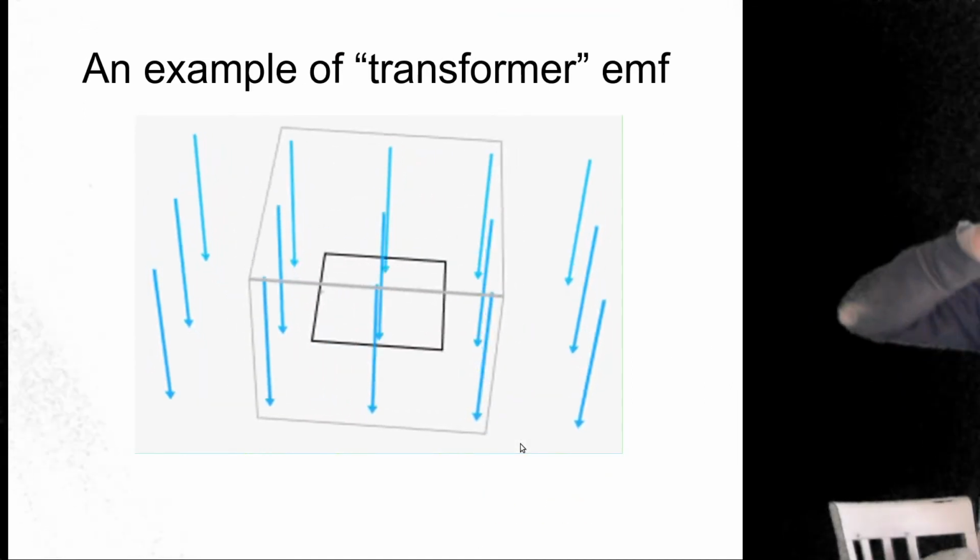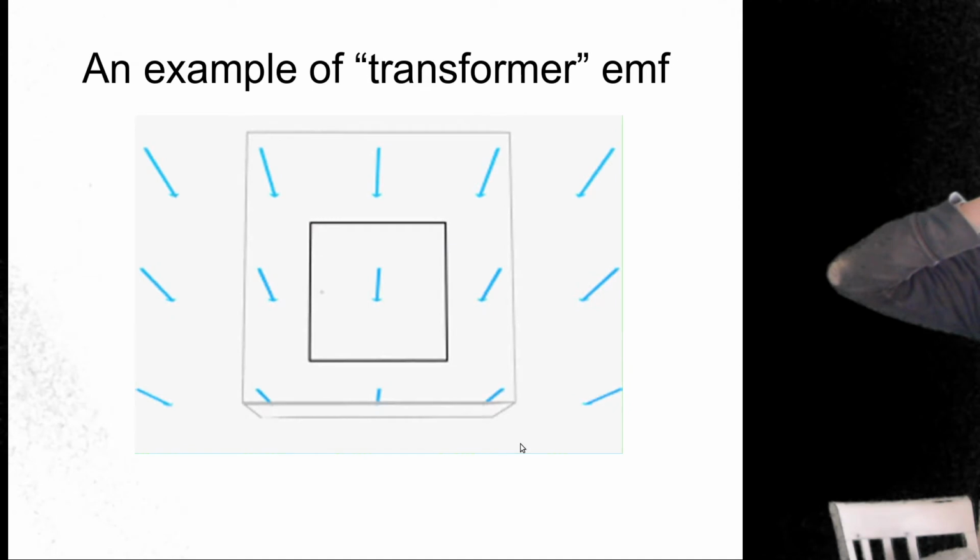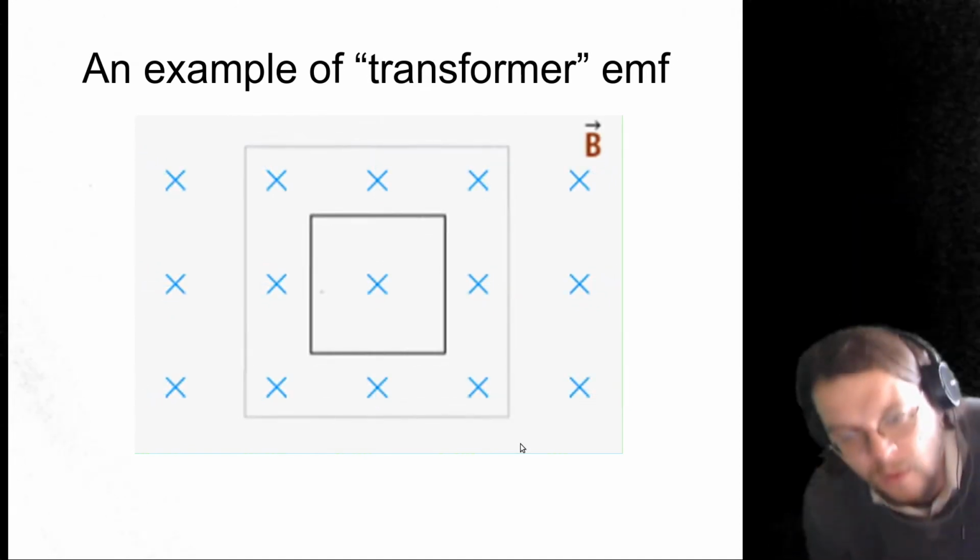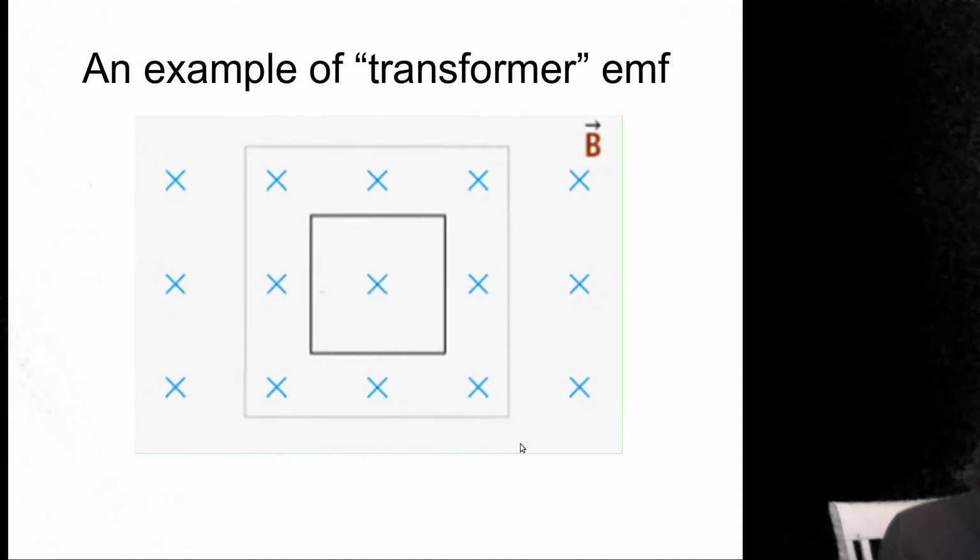In this example, we keep the area of the loop constant and alter the strength of the magnetic field. The EMF induced inside a conducting loop is proportional to the rate at which the magnetic field changes in the region containing the loop. We represent the strength of the magnetic field by the density of field lines.